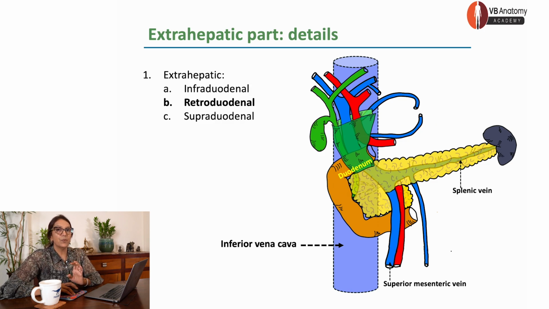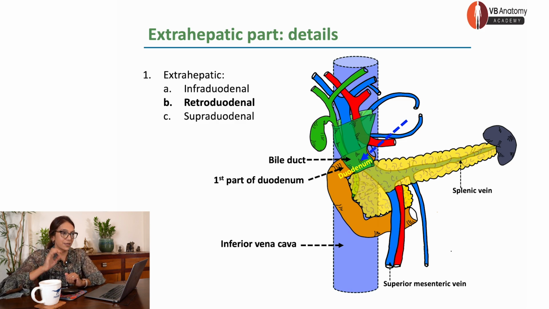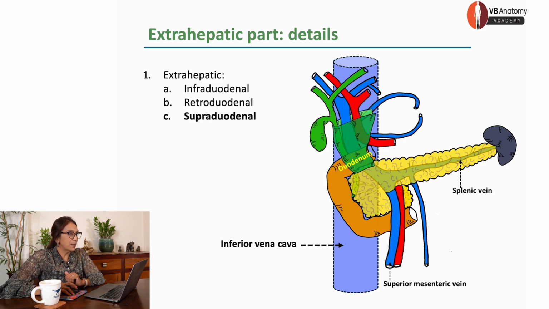As it rises upwards, it slowly slides behind the duodenum here. Okay, here it is anteriorly related to the first part of duodenum, on the right related to the common bile duct. Now it slides further upwards to pass above the duodenum.